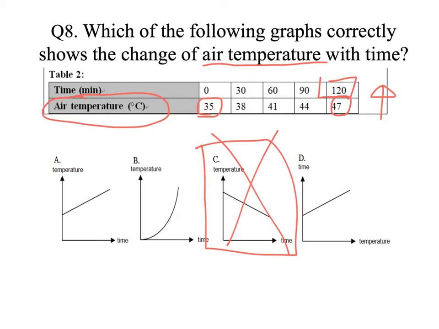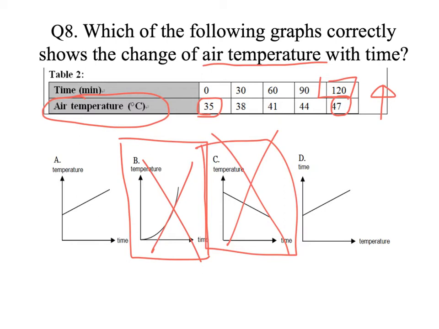Secondly, we can take a look at choice B. When time equals 0, we know that the air temperature should be 35 degrees Celsius. But refer to the chart here. When the time is 0, the temperature will also be 0. So again, it's not matched with the table.